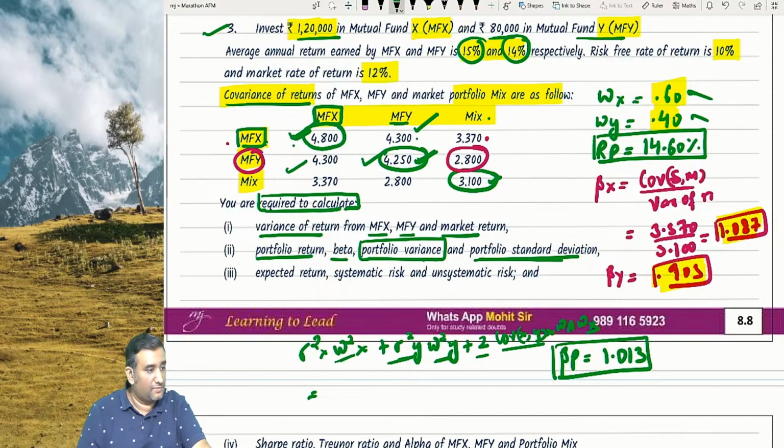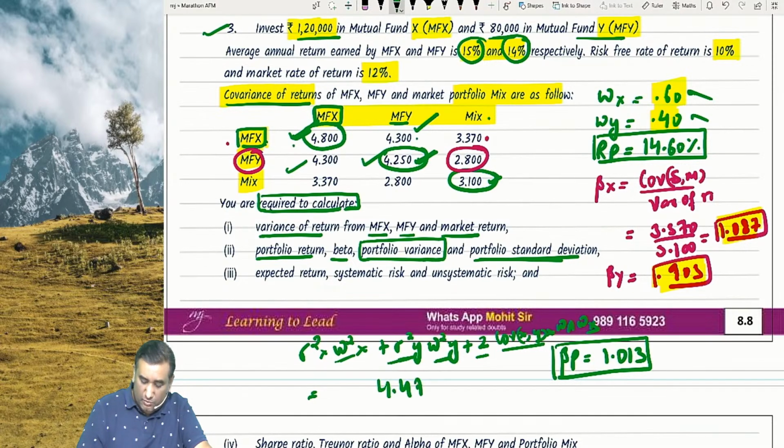You get 4.47, and then the standard deviation of the portfolio.